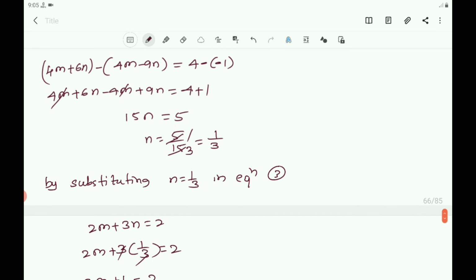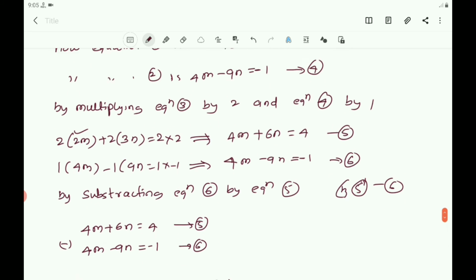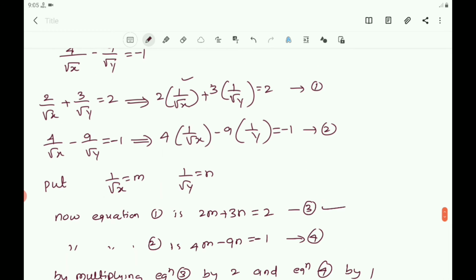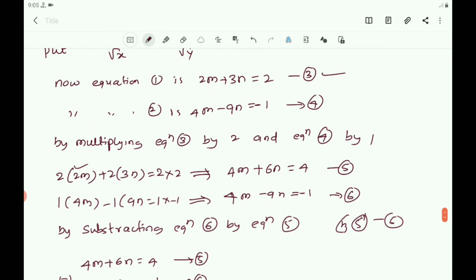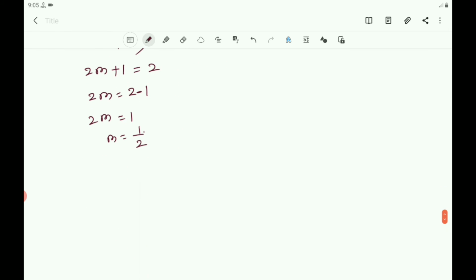Now here you have taken m equals 1 by root x and n equals 1 by root y. So you write m equals 1 by root x, that is equal to 1 by 2. That implies 1 by 2 is equal to 1 by root x, and do the cross multiplication, that becomes root x equals 2.